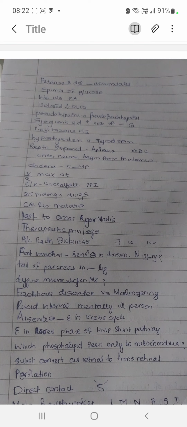Male health worker, what are the roles? L for leprosy, M for malaria, N for National Blindness Program, R for RNTCP, that is TB. So remember it includes TB, leprosy, malaria, blindness. S for sanitation.